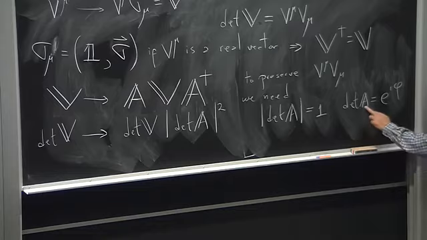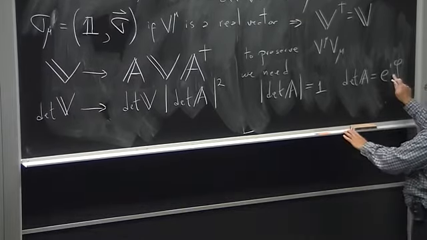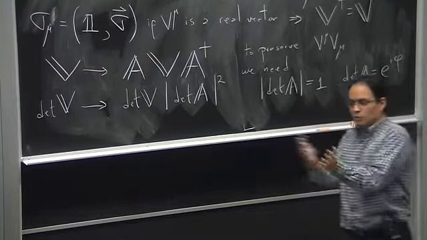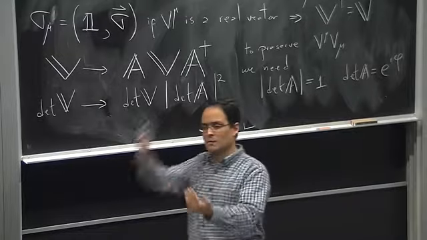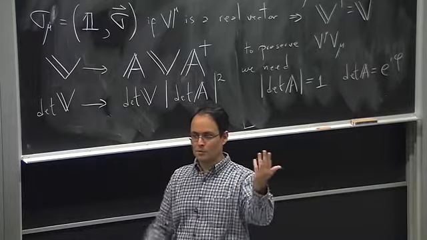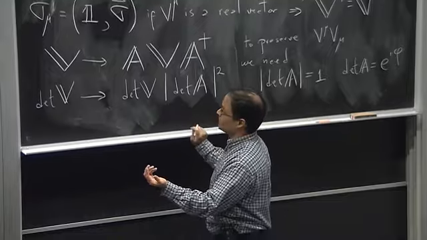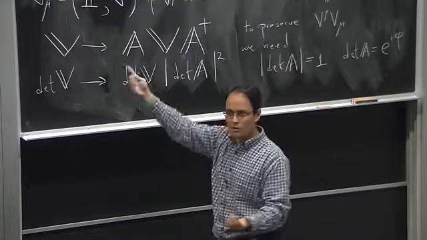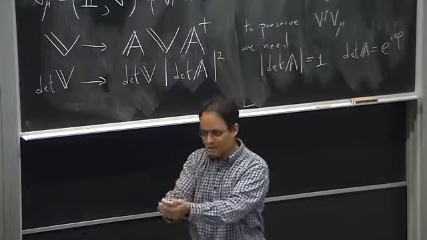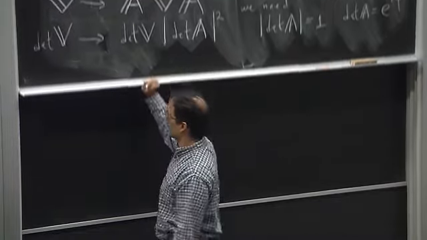But any phase that I have on A that produces its determinant can be removed by multiplying A by a matrix that is a pure phase. The identity times a pure phase. But the identity times a pure phase doesn't affect V at all. So it's not something that acts on my matrix B. Okay?